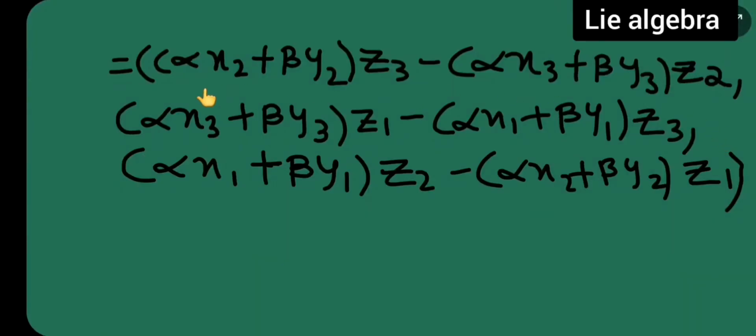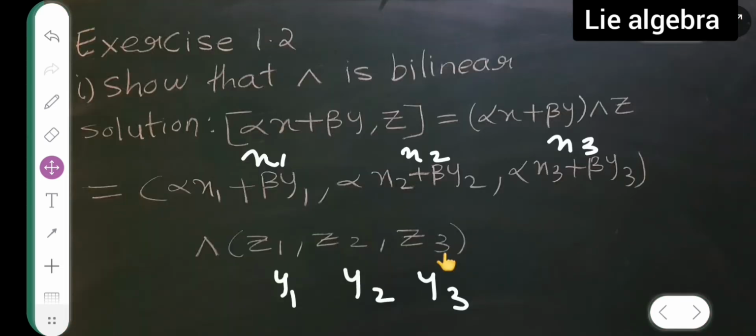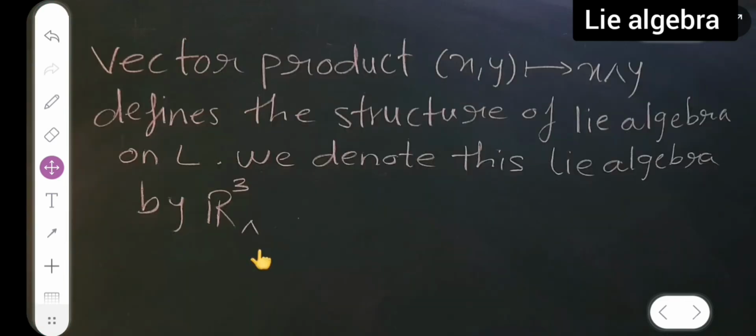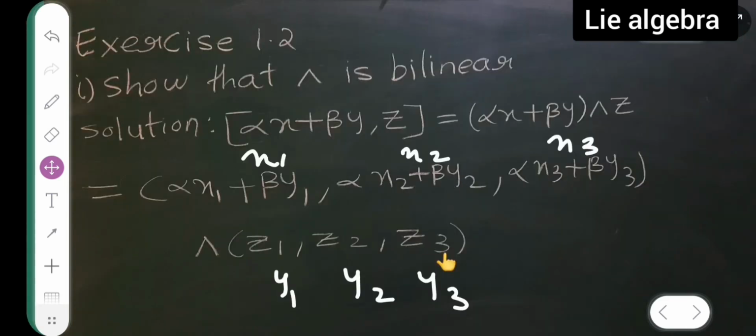See, here what I have done over here is this part. As you know, x2 into y3. So this is my x2, this into y3 is z3, right?